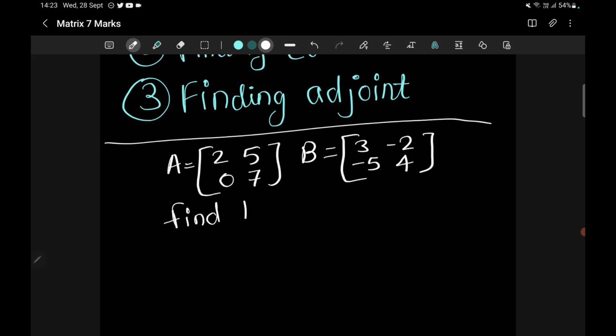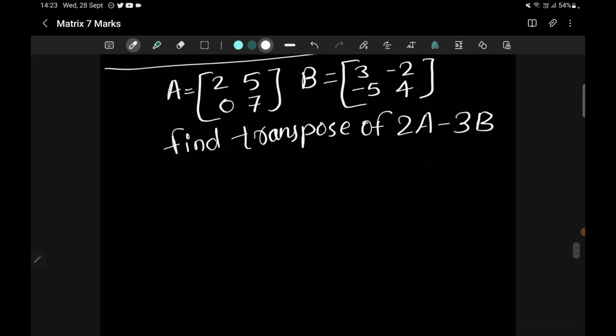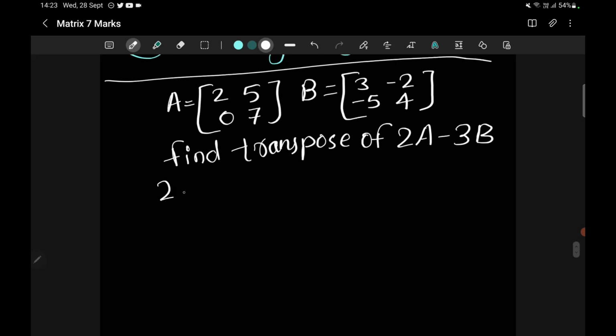Then we will find transpose of 2A minus 3B. For this, first we have to find 2A.